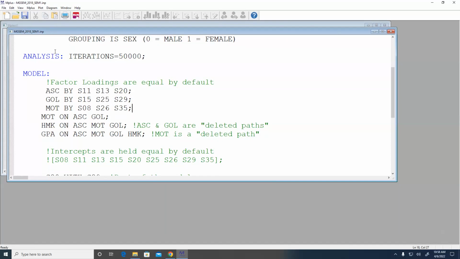So the first thing you would do is, for the intercept, whatever the marker variable is, you're going to have to put in brackets, like, what was the marker variable? Like S11 at 0, right? And so you're constraining S11 to be equal to 0.